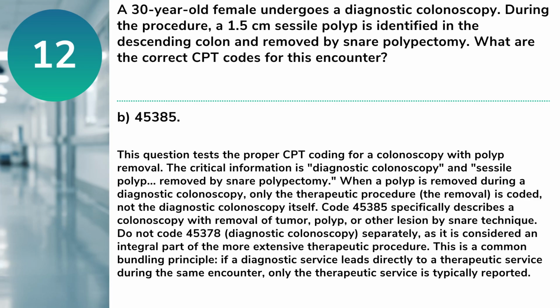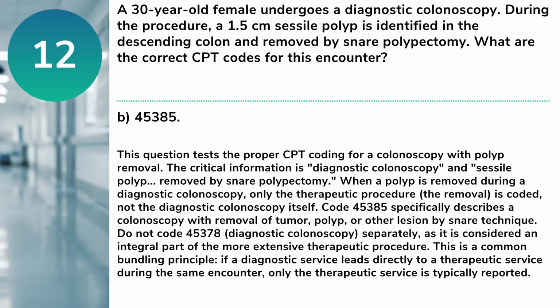Answer: B. 45385. This question tests the proper CPT coding for a colonoscopy with polyp removal. The critical information is diagnostic colonoscopy and sessile polyp, removed by snare polypectomy. When a polyp is removed during a diagnostic colonoscopy, only the therapeutic procedure, the removal, is coded, not the diagnostic colonoscopy itself.